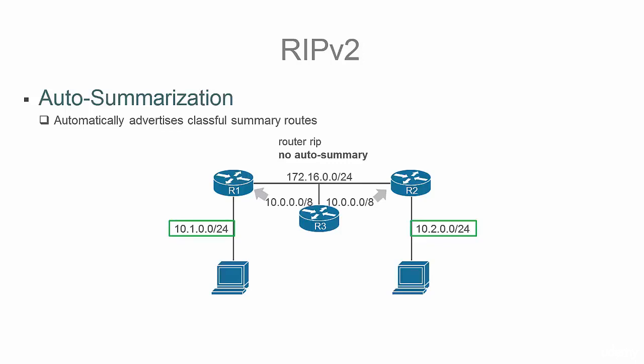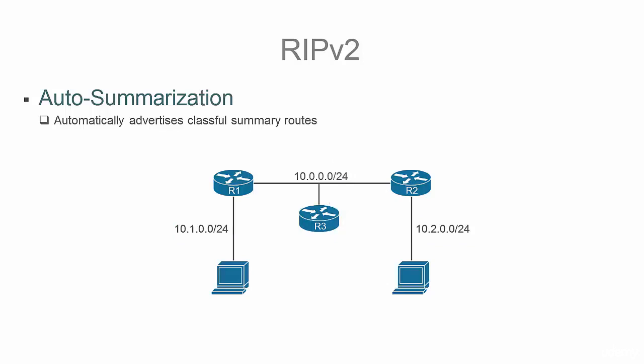Some software versions now have it disabled by default, but just remember that anytime you're configuring RIP, just put no auto-summary under your configuration. And then once you enter the no auto-summary in a topology like this, then R3 would learn the specific routes, so it would know exactly where to go for the 10.1 and 10.2 networks.